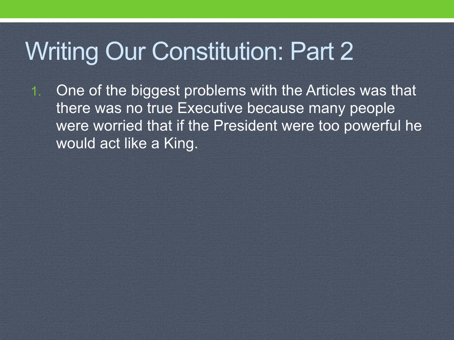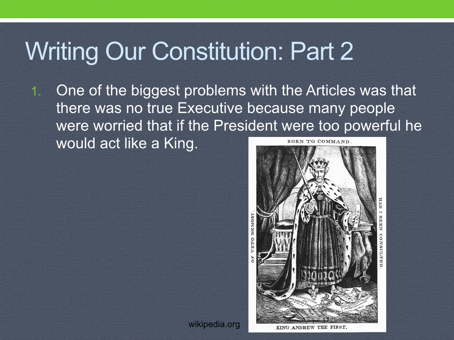And that was done on purpose. People were worried that if the president were too powerful, he would act like a king. Right? And they didn't want a strong, powerful, king-like person in charge of the country.